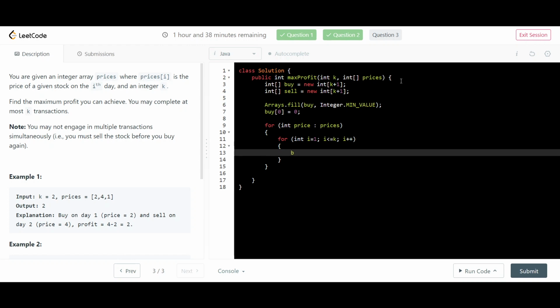So buy of I equals to max of buy of I comma sell of I minus 1 minus prices of I. Now this is a problem. No, I think this is good. Okay.